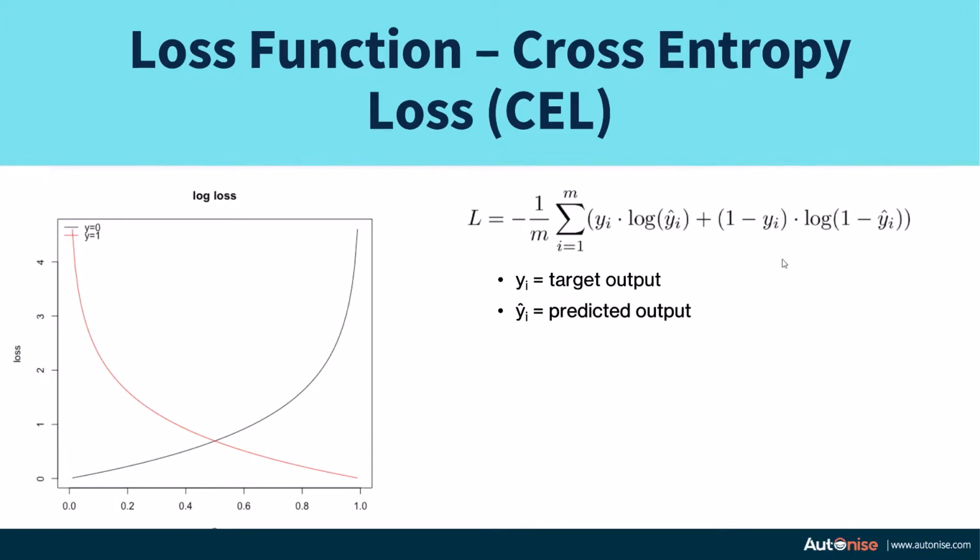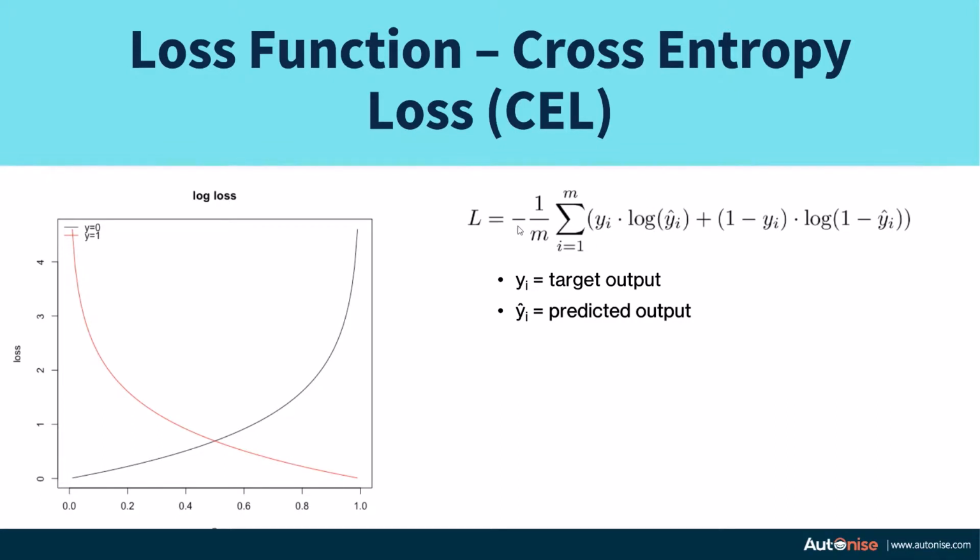To understand this, you can set the value of yi, which is yi hat. Over here, there is a slight change in the notations. yi corresponds to the target output, which can be 1 or 0, and yi hat corresponds to the predicted output. So if yi is set to 1, then the second term in this loss, which is 1 minus 1, becomes 0. So the second term is discarded, and we only have the first term corresponding to 1 into log predicted y.